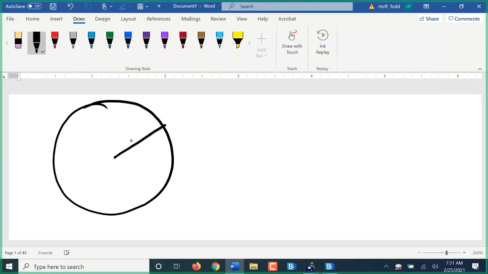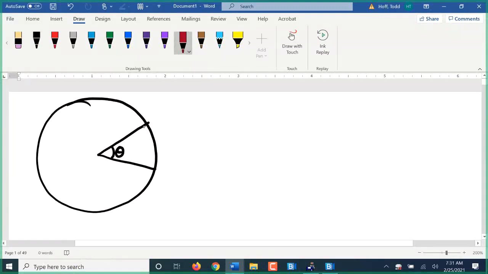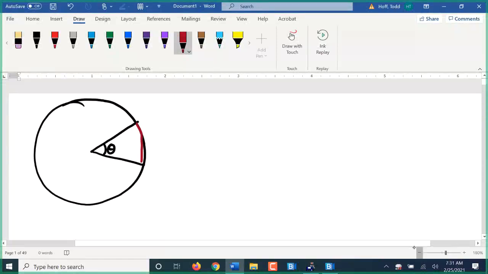If we have a central angle, whatever that angle is, the generic symbol we use for it is that Greek letter theta. The arc out here can be defined in a couple of different ways.